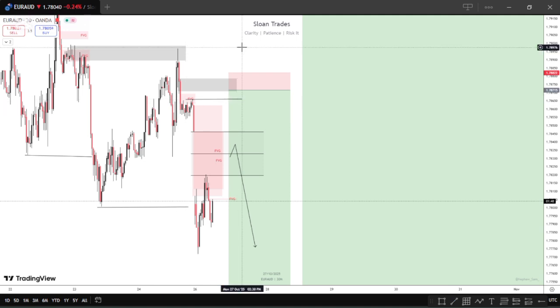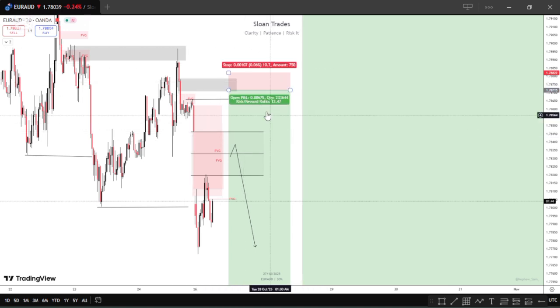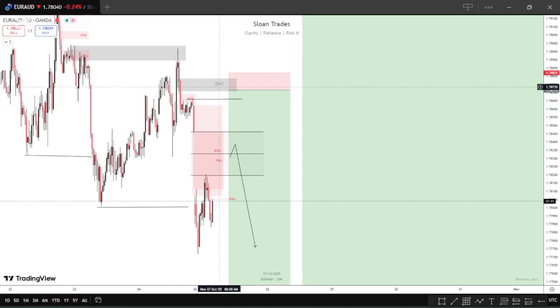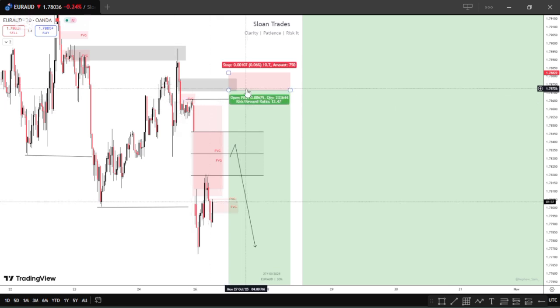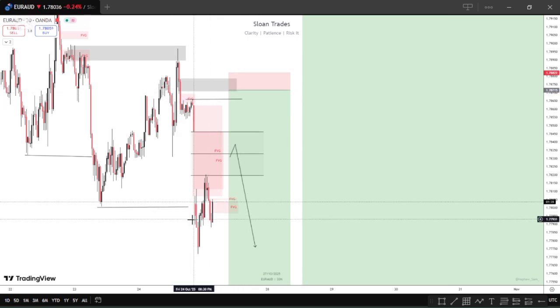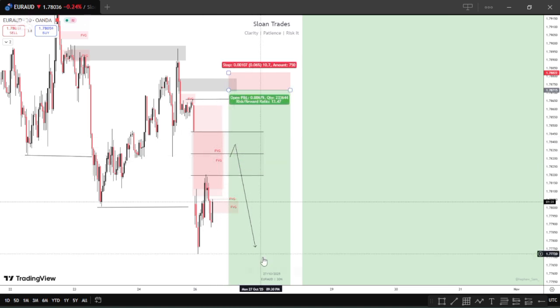Inducements are kind of liquidity. Market is actually seeking inducement. So either the market comes and mitigates this particular entry through this inducement, then continues to the downside, or it mitigates the fair value gap 50%, then continues to the downside.